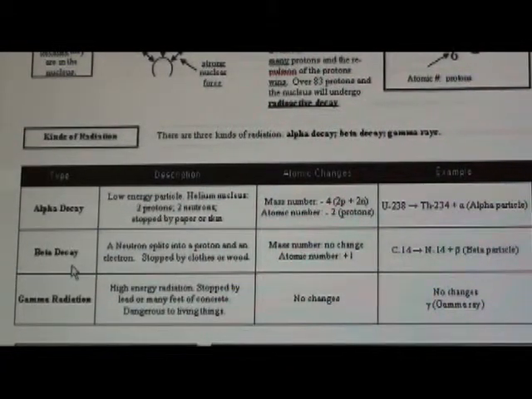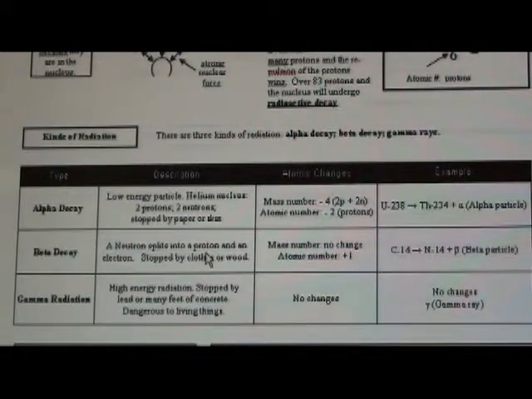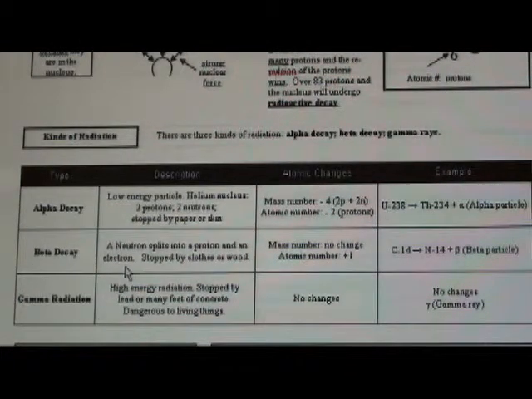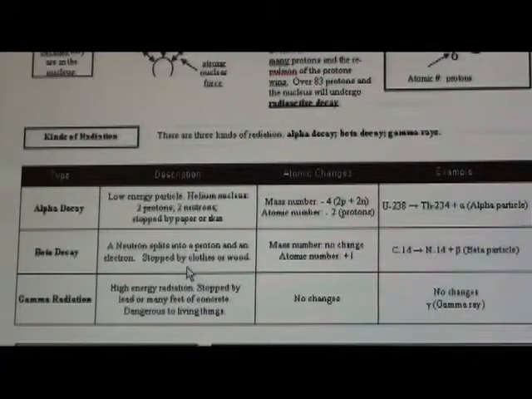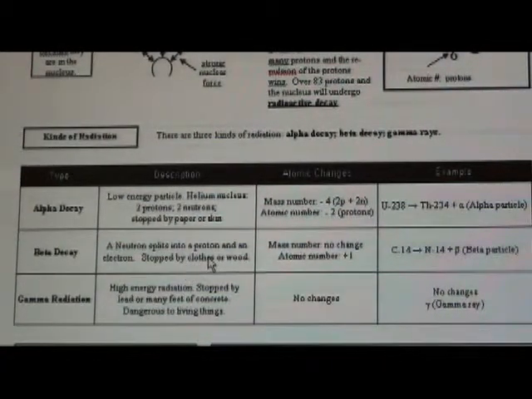Beta decay, the neutron splits into a proton and an electron. This is going to need something a little bit more to stop this kind of radioactive decay. This type of radiation is only going to be stopped by clothing or wood. Changes to the atom here. The mass number has no change whatsoever.